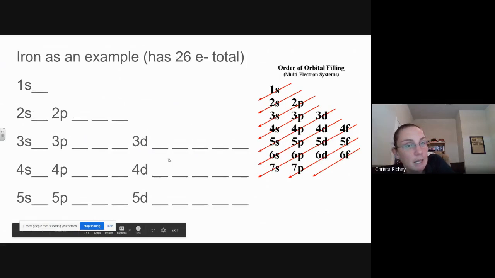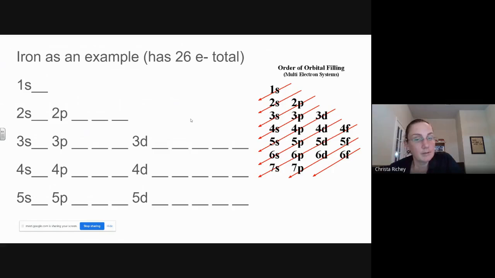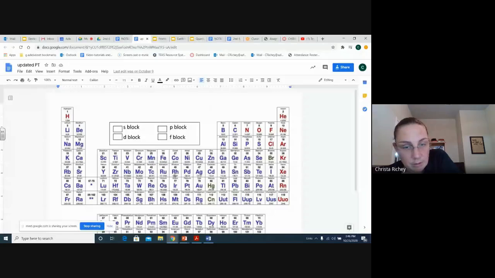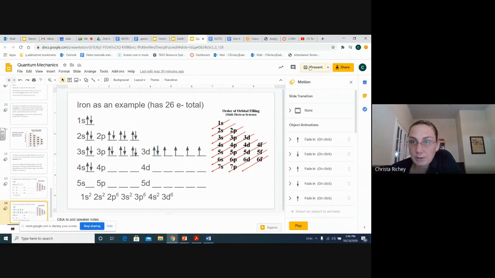Now we're going to do another one, iron. Iron, if I go back, so sorry, I'm having to do it this way, but I don't know how else to do it. Iron is right here. It's element number 26. I can't stop until I've done 26 electrons in this configuration. Don't cheat and look.